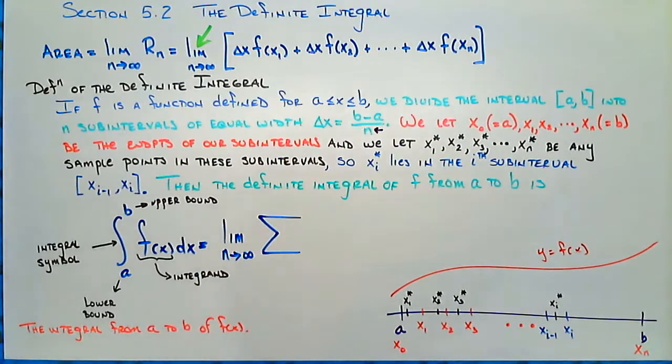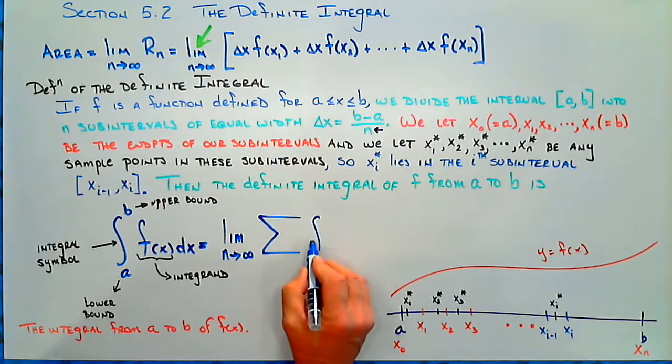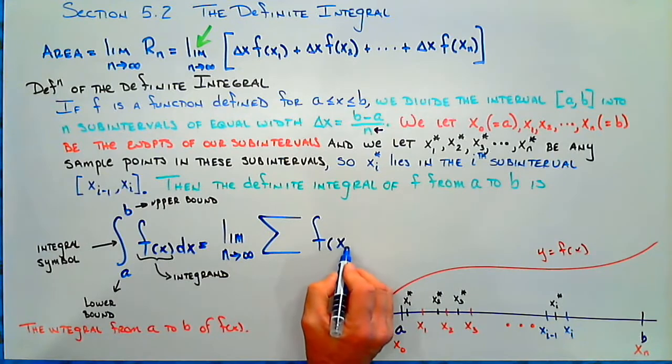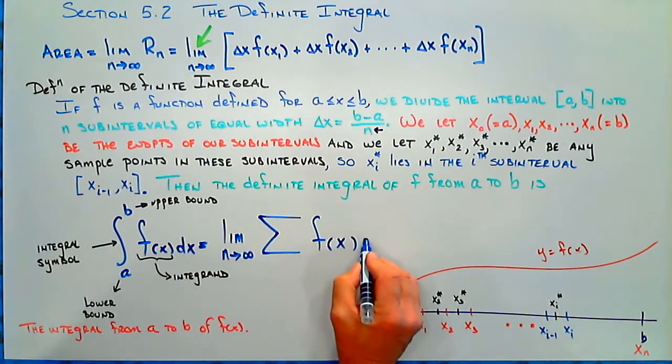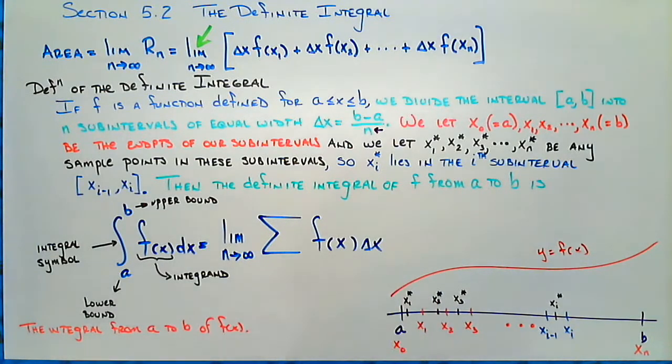We're going to add, and what are we going to add up? Well, we're going to add up a bunch of heights times a bunch of widths. Because, in essence, you and I have already learned in section 5.1 that we're adding up a bunch of rectangles. The area of a bunch of rectangles added together is going to be the area under the curve. That's what we discovered in section 5.1.